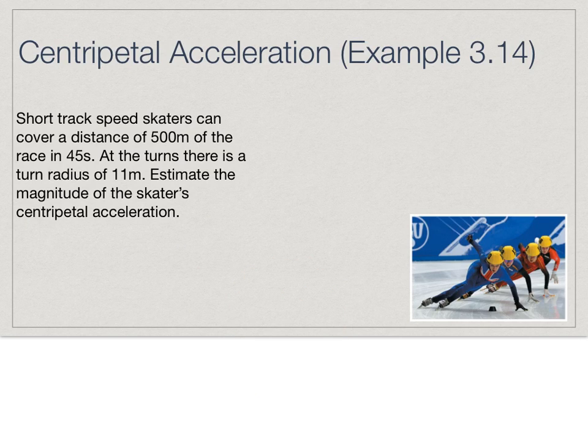Okay, here's an example, 3.14. Short track speed skaters can cover a distance of 500 meters, that's really one lap, in the race in 45 seconds. At the turns, there is a turn radius of 11 meters. Estimate the magnitude of the skater's centripetal acceleration.